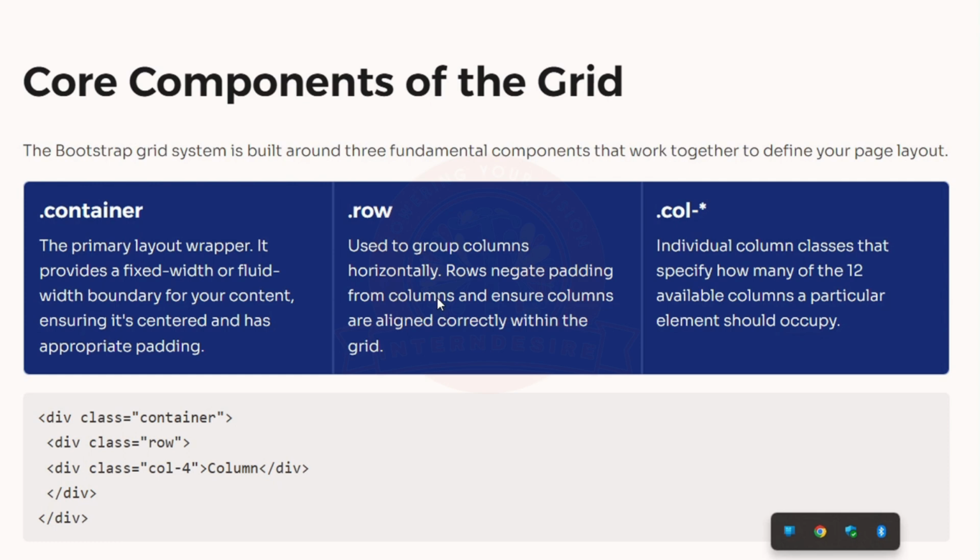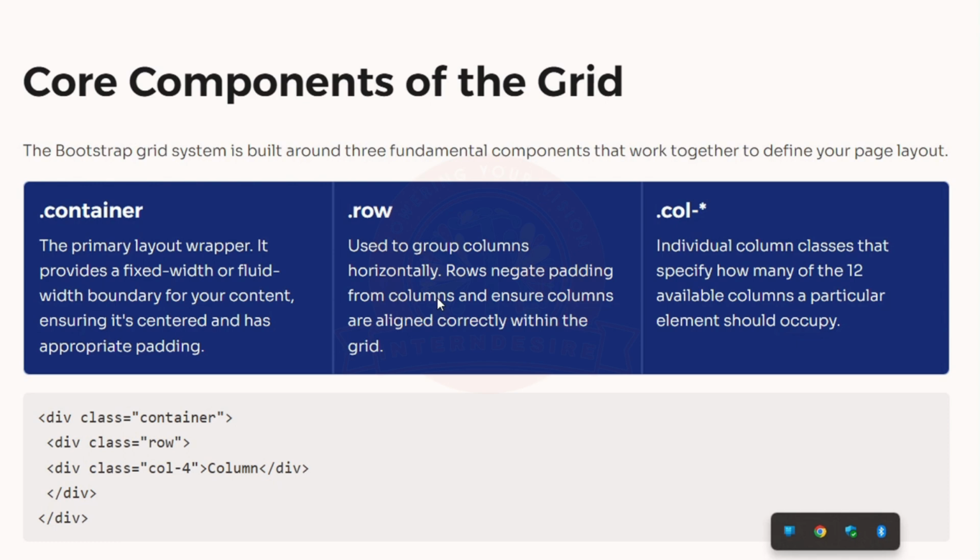Dot row is a class in Bootstrap. Rows negate padding from columns and ensure columns are aligned correctly with the grid. Similarly, dot col class in Bootstrap represents individual column classes that specify how many of the 12 available columns a particular element should occupy.